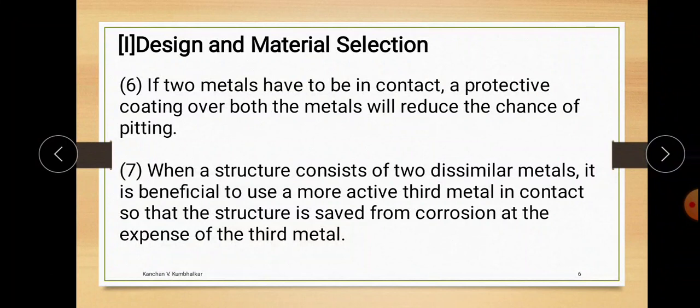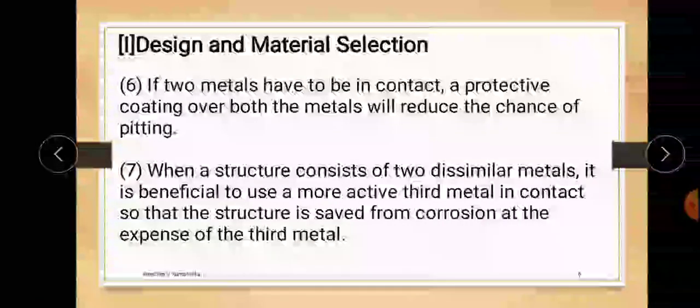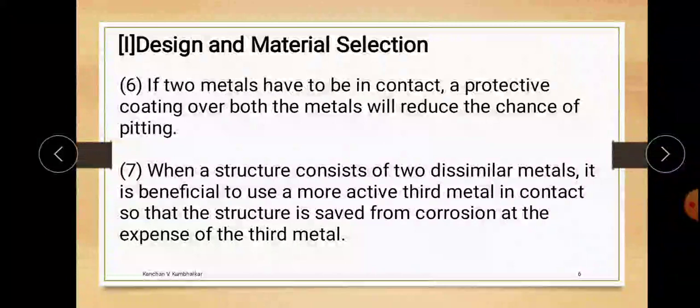So by introducing zinc, we can minimize the rate of corrosion on the anode, that is aluminium, hence the aluminium rod is protected. Such a condition can be considered by using a third active metal, due to which our metal piece is protected from corrosion.